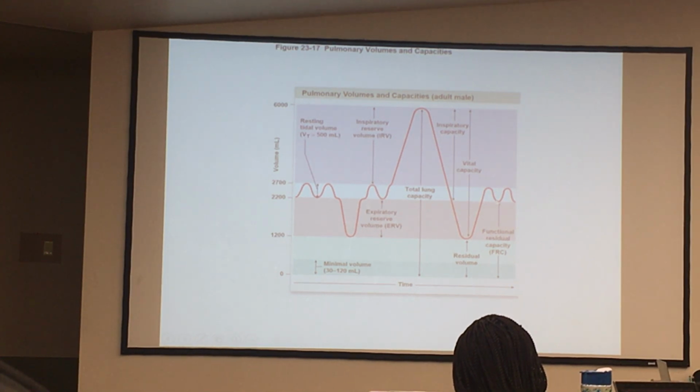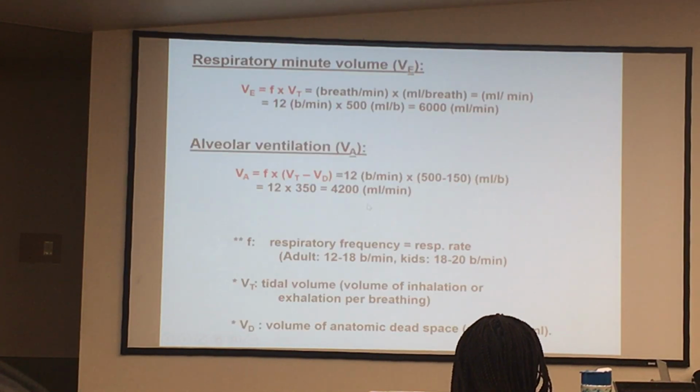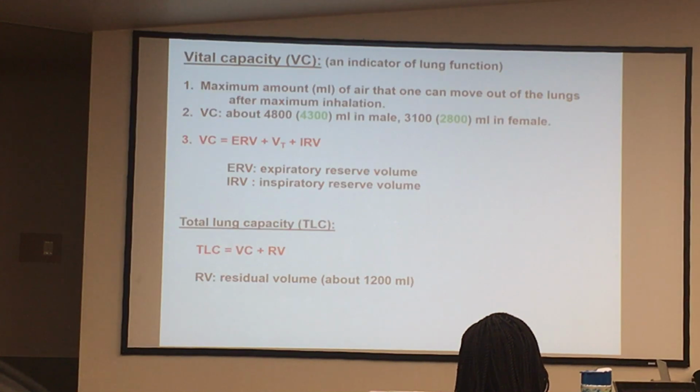And sometimes we call it functional residual capacity. And sometimes we call inspiratory capacity, which includes IRV and VT. I will go through this and we'll come back.